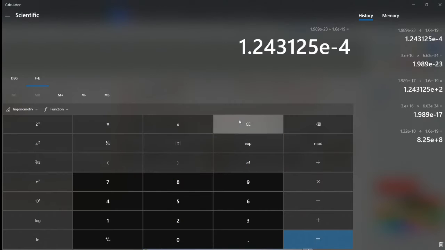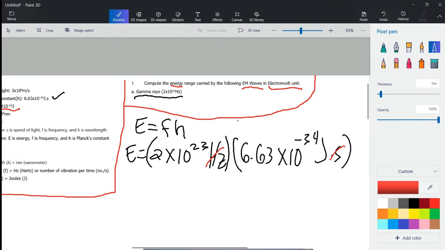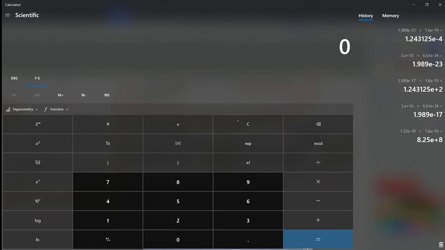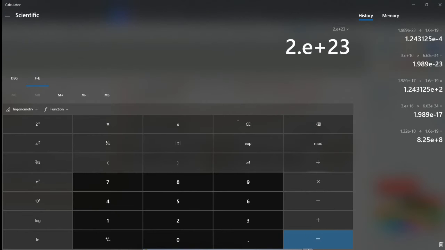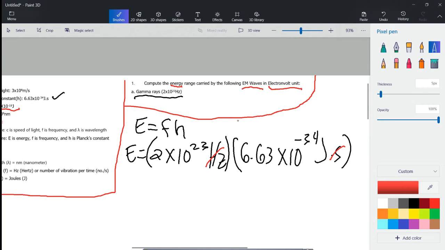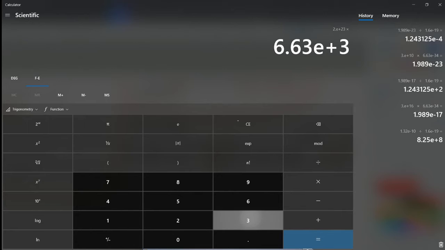In my calculator, 2, exponent, 10 to the power of 23, times the Planck's constant, 6.63 times 10 to the power of negative 34.